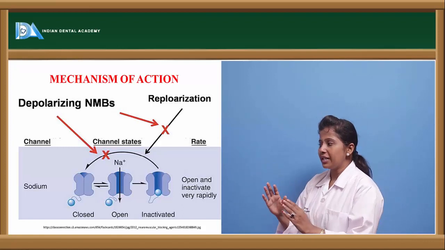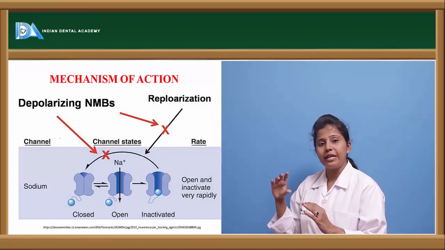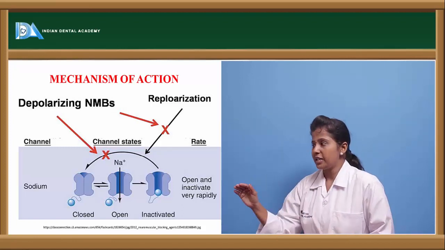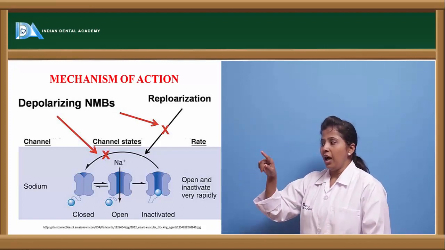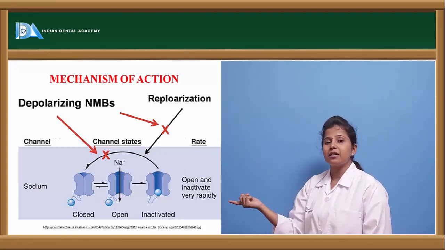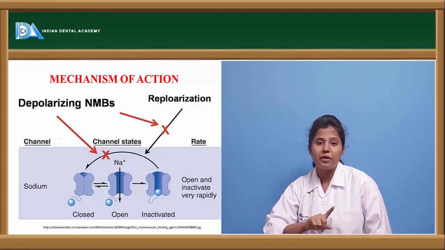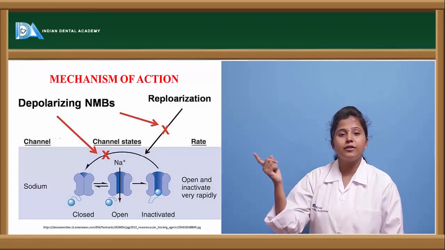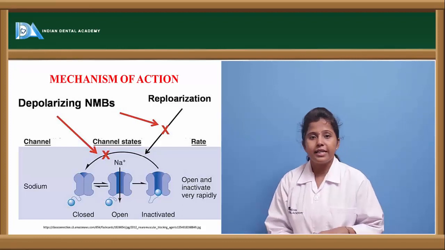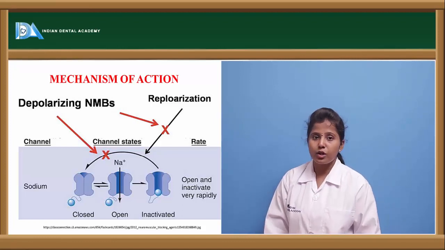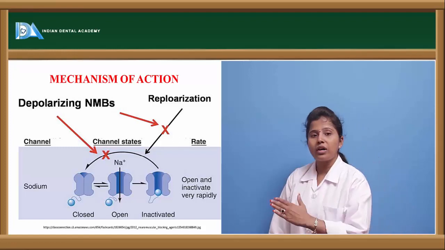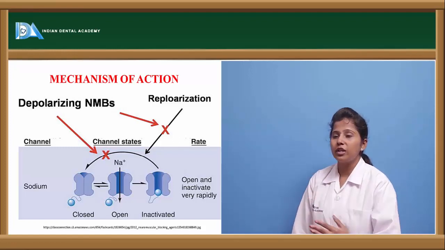So only when the channel is in open state does the entry of electrolytes take place. These neuromuscular blockers act on the conversion of the inactive form to the open form. If the channel is not present in the open state, then the entry of electrolytes won't take place. This is how neuromuscular blocking agents block the action of nicotinic receptors.